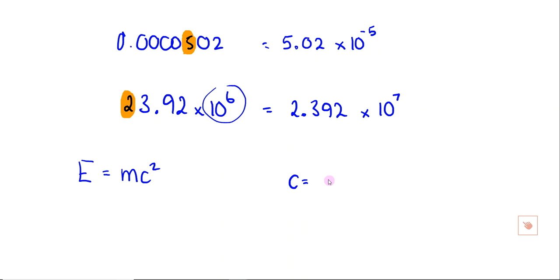Almost, I don't think it's 3.3, it's 2.8, but we actually say roughly 3 times 10 to the power of 8 meters per second. So light travels at, well, it's much easier to work with that.